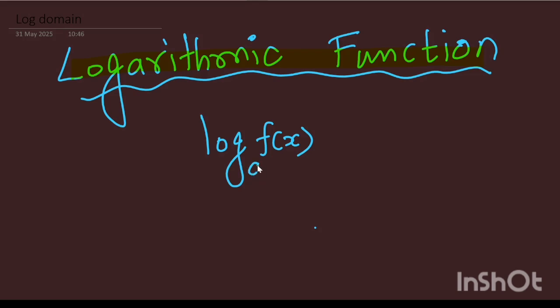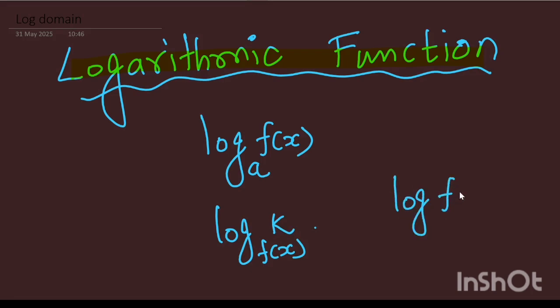The base may be fixed, or the base can be a function of x and the argument some constant k, or both are changing. Here the argument is also f(x), a function of x, and the base is also a function of x.